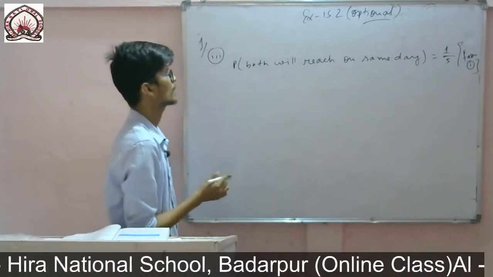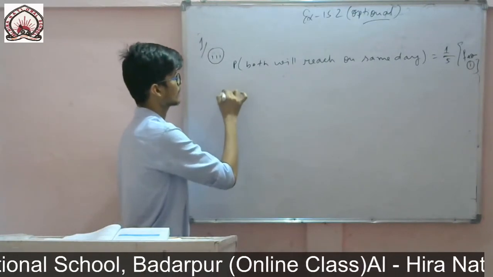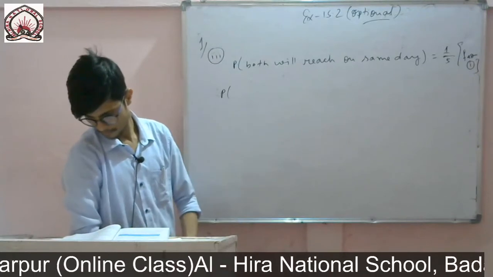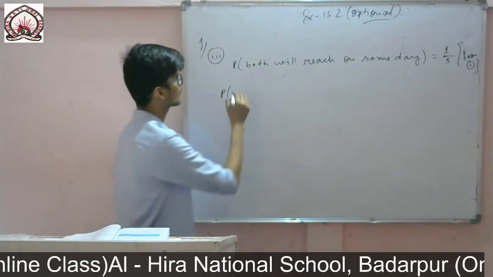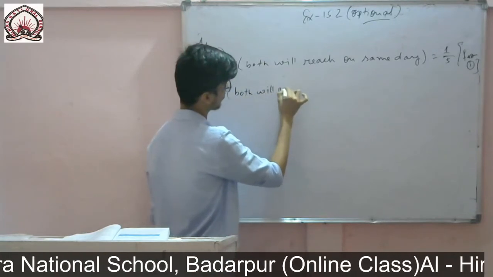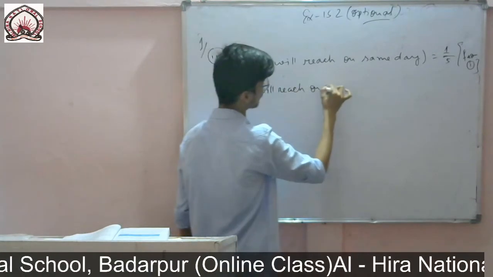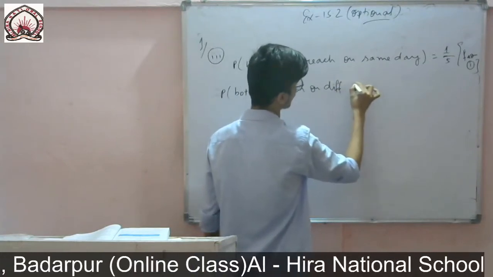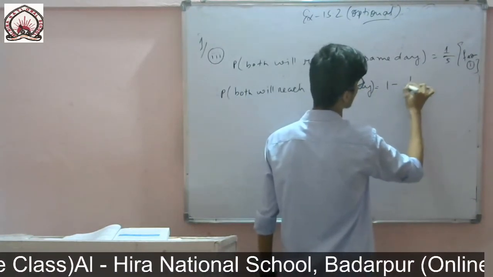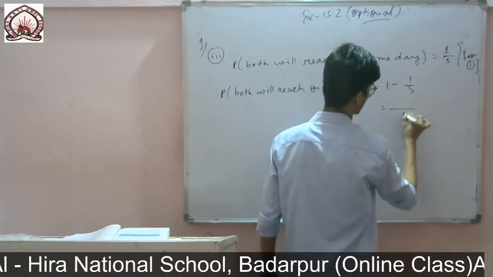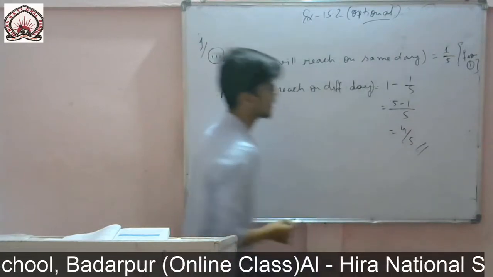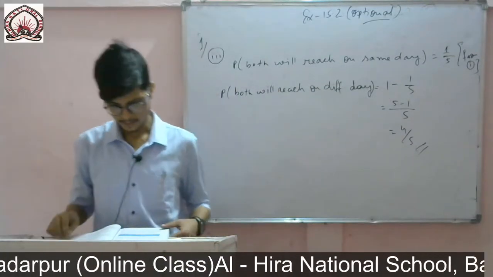So now directly I can find that the probability they will reach on different days is equal to 1 minus 1 by 5. That means 5 minus 1, which is equal to 4 by 5. So it is the required probability.